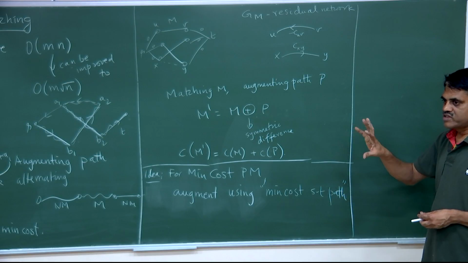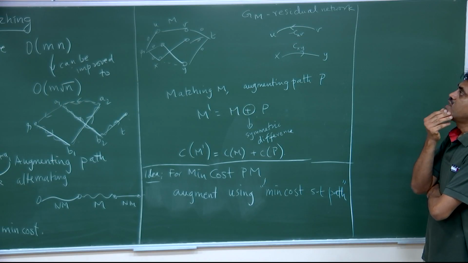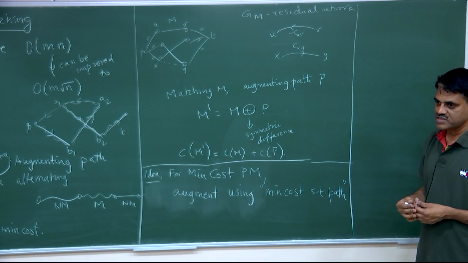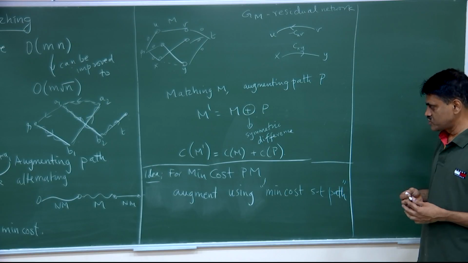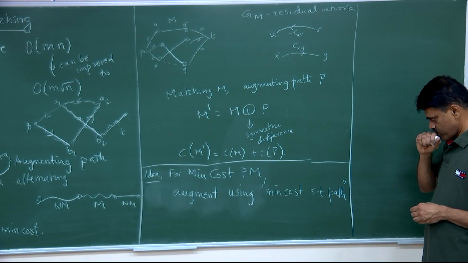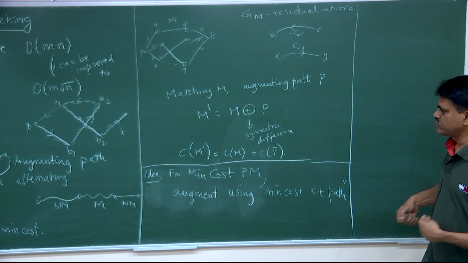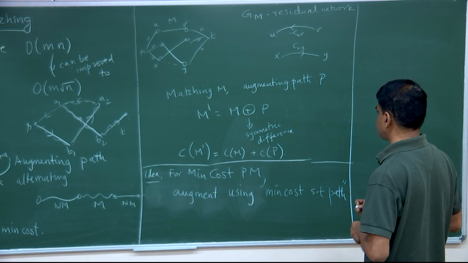If you have a negative weight cycle in the graph, then this min cost ST path itself doesn't have any meaning because I can run through the cycle and get shorter and shorter path. So that's the only thing we need to deal with, and then we'll be ready to design our algorithm and prove correctness in the running time.